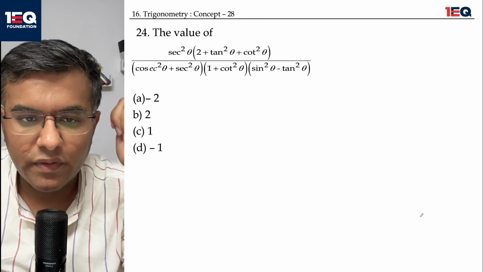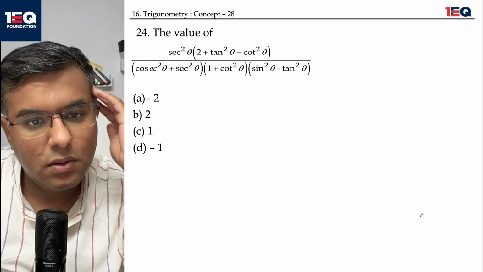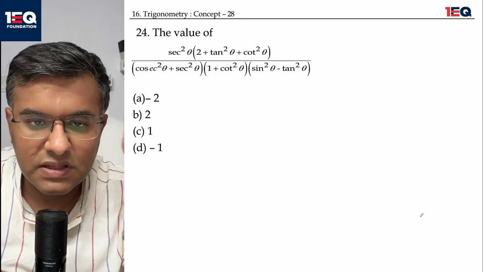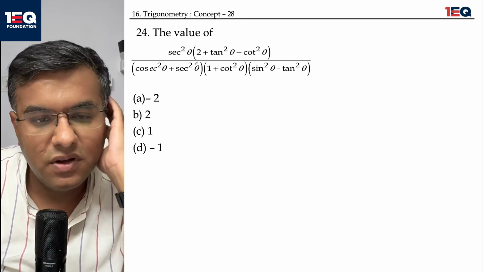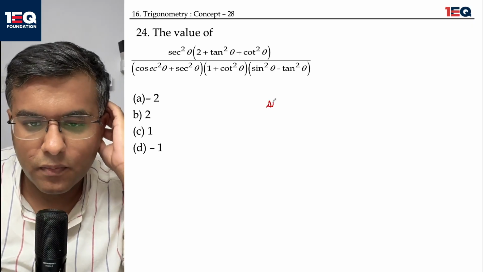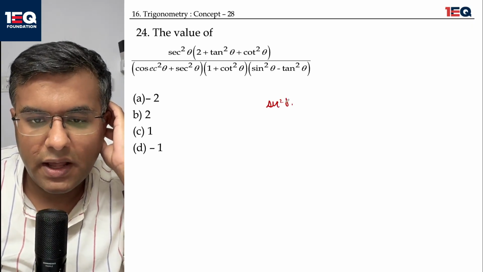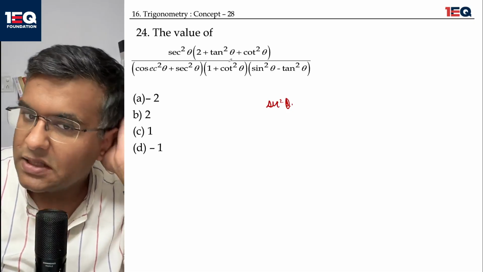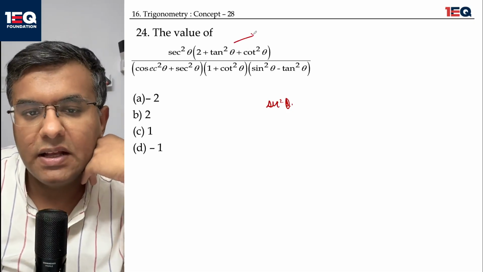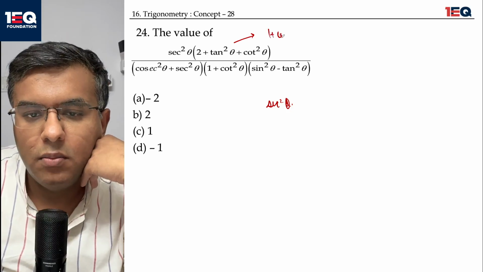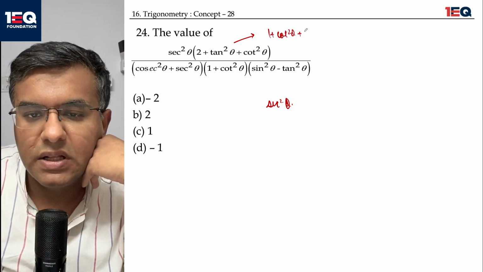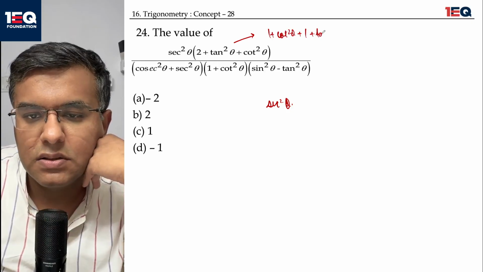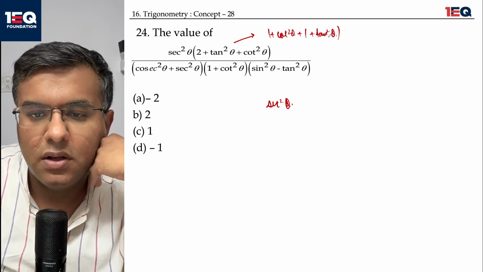Okay, moving forward. I need to find the value of this entire equation. So if I have sec square theta and I have 2 plus tan square theta plus cot square theta, I can split it down to 1 plus cot square theta plus 1 plus tan square theta.